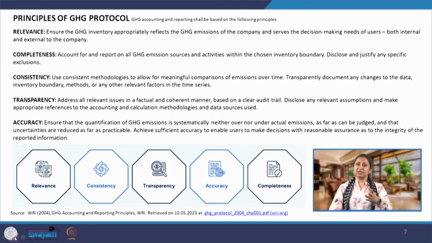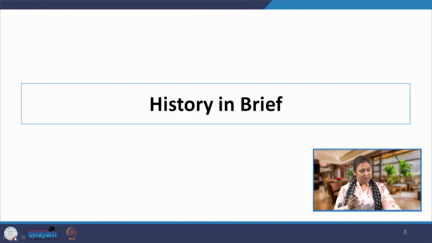So, first thing is knowing where the emissions are happening, and then also knowing as a second step how to reduce those emissions. We can only reduce the emissions once we know which are the emitting activities, which are the more emitting activities. So, these are the 5 principles of GHG protocol on the basis of which the entire protocol has been designed.